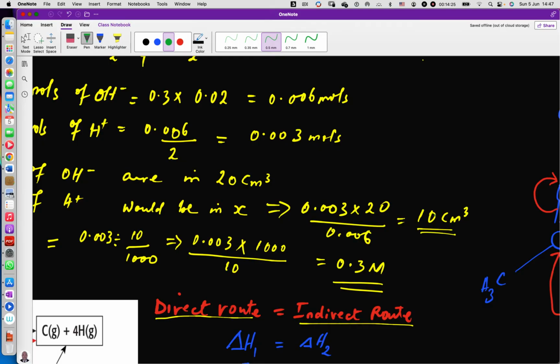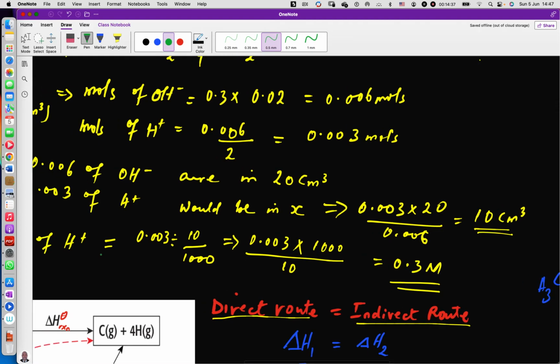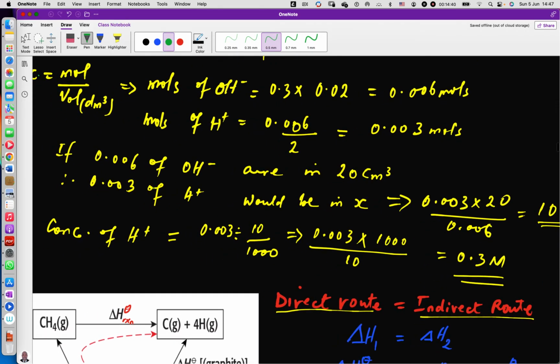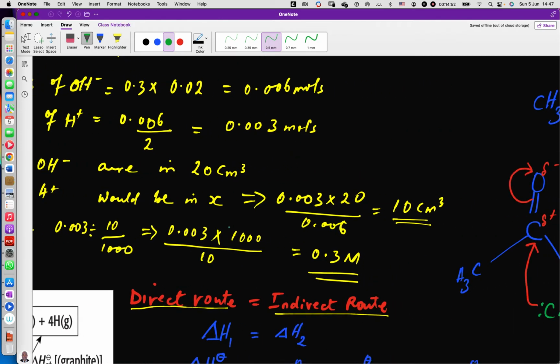So we divide the number of moles by 10 divided by 1000, because we want to bring it to dm cube. Rearranging, we have 0.003 times 1000 divided by 10. Our concentration for sulfuric acid will be 0.3 molar.